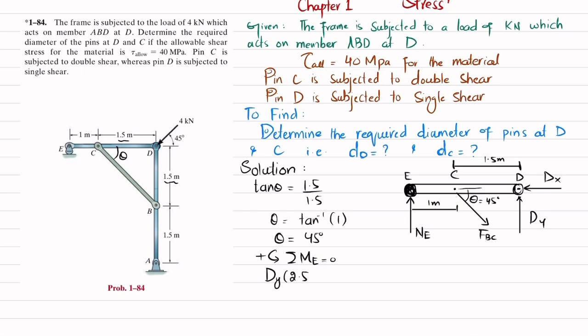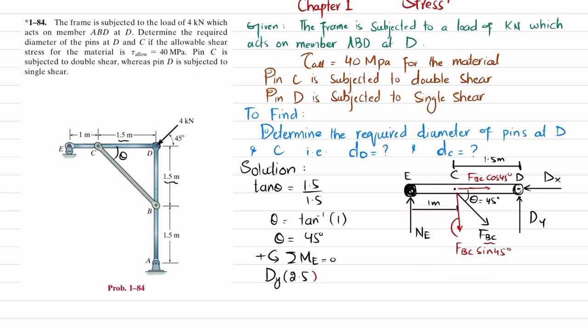Now you can see this FBC will have two components, one along the x-axis, along the horizontal, and the other one will be a vertical component. If you resolve it into its rectangular components, this component will be FBC sine of 45 degrees, and this component will be FBC cos of 45 degrees. Since this horizontal component is passing through point E, it is not producing moment, so only the vertical force is producing moment, and this force into perpendicular distance 1 is producing a clockwise moment, so it will be negative.